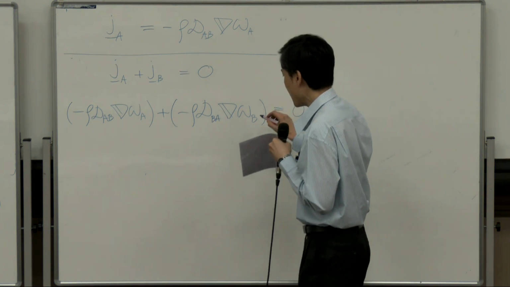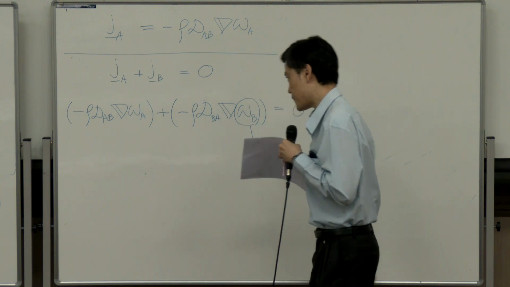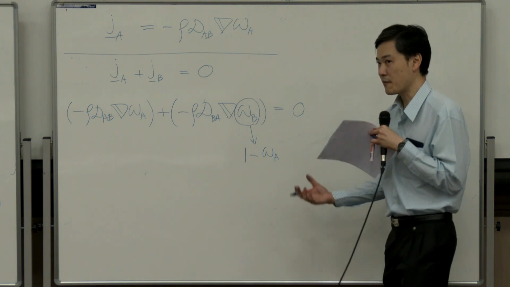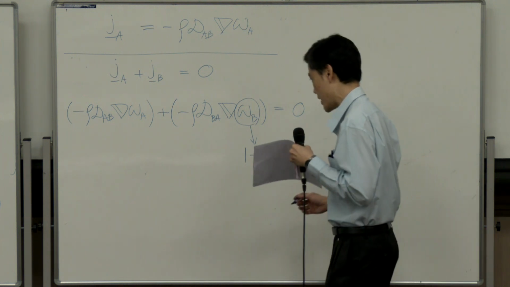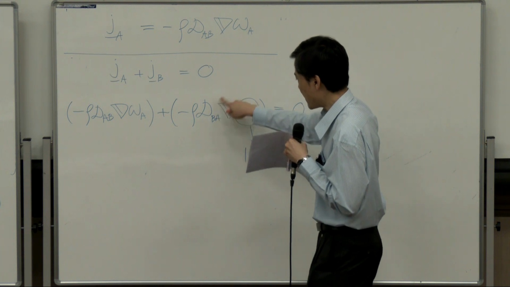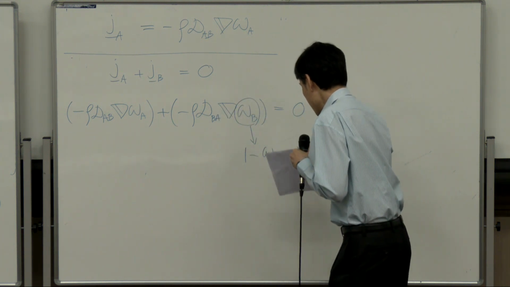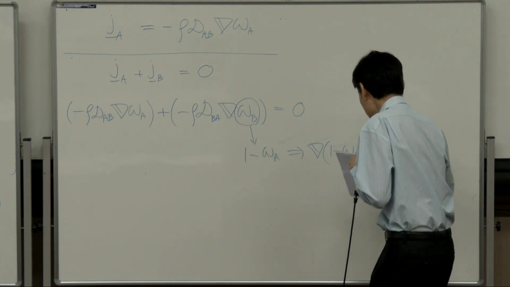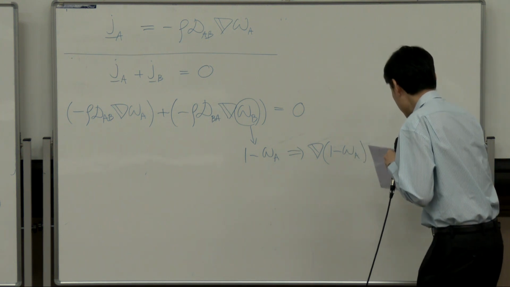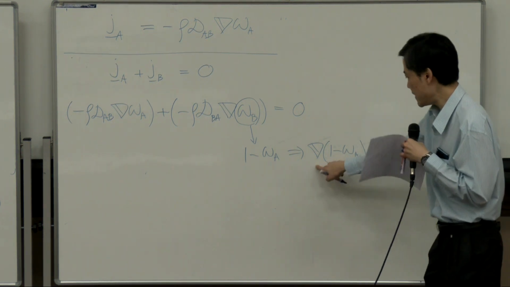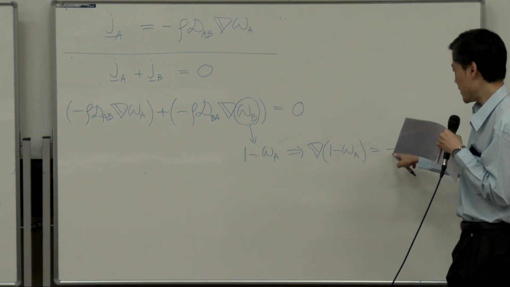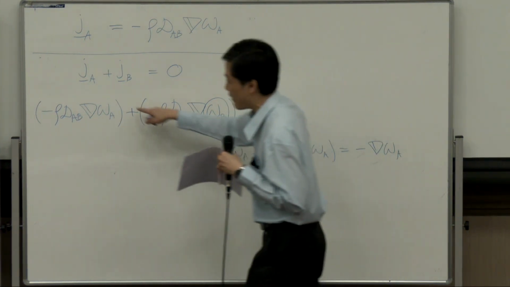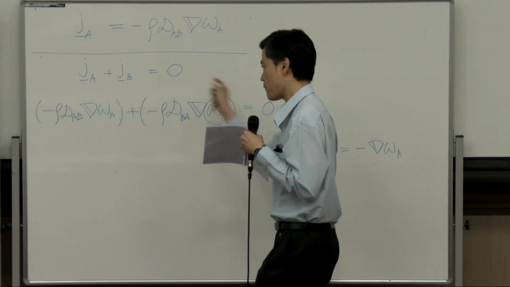Now since we are in a binary system, omega B, which is the mass fraction of B, should equal 1 minus omega A. Remember, the summation of mass fraction is always 1. Okay? So if you take the derivative, del is derivative, you get the derivative of 1 minus omega A should equal minus del of omega A. Just like d of 1 minus omega A should equal minus d omega A. So I'm going to plug this back here so you have del omega A on both terms.